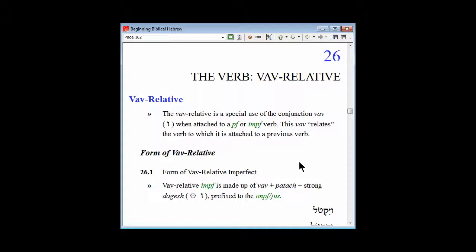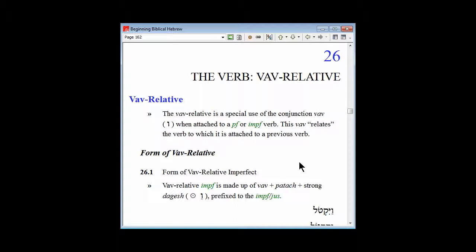The difficulty in this chapter is going to be when the Vav as we know it to this point, the Vav with the two dots, the Shava underneath it, also signals a specific function, because that's going to be identical to the normal conjunction. Up until this time, you have a Vav conjunction. It's this and that, this action and that action, or this thing and that thing.